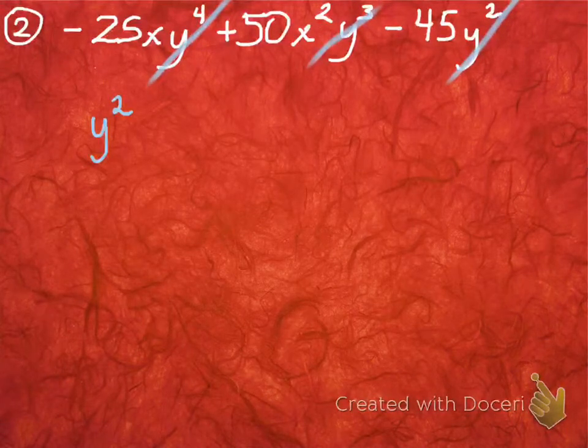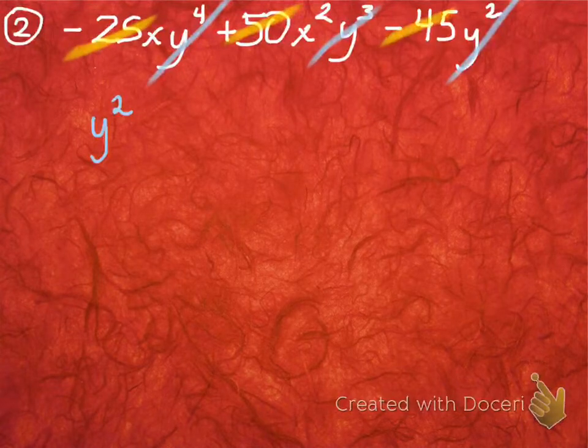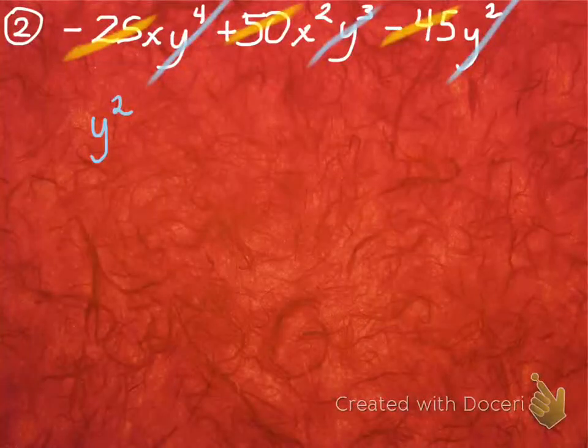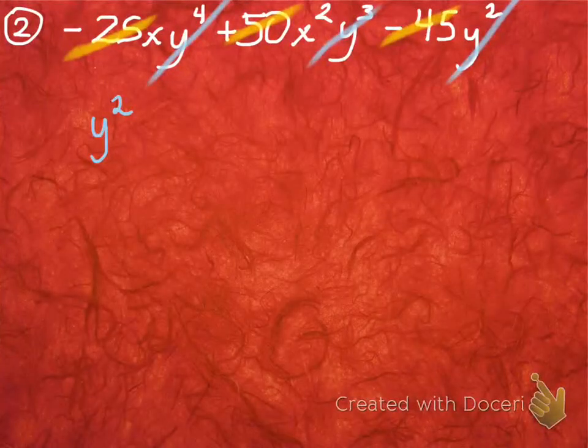Now I look at all my numbers and see what number will divide into all three of those evenly. Well, 25 will go into both the first two, but it won't go into the third, so that's not going to work. 5 will go into all three evenly, because it'll give me a 5, 10, and 9.